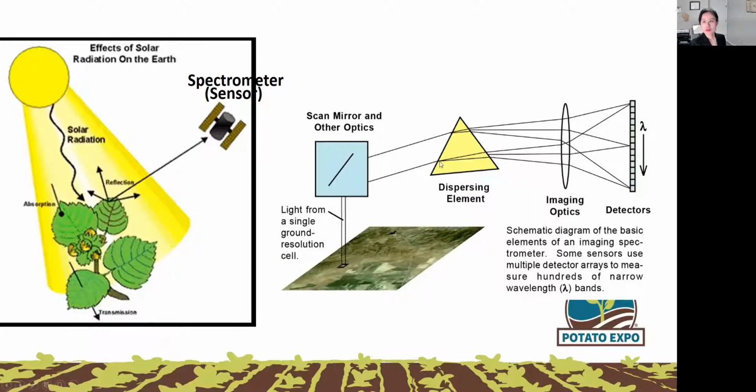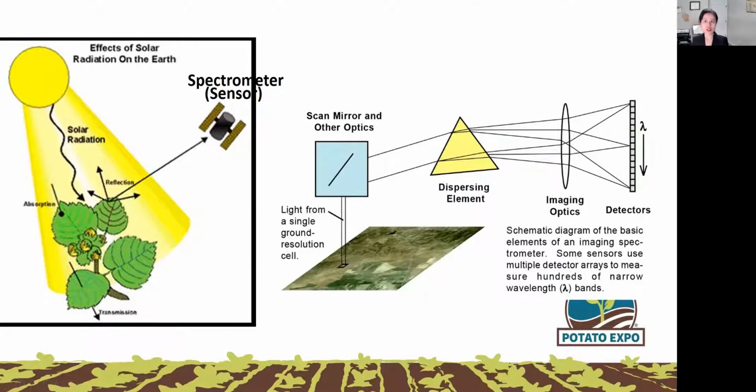And then the light will go through a dispersing element that is usually a prism. And then the light will be split into dozens or hundreds or thousands of spectral bands. And then the energy of each of those spectral bands will be sensed by a detector within the spectrometer.